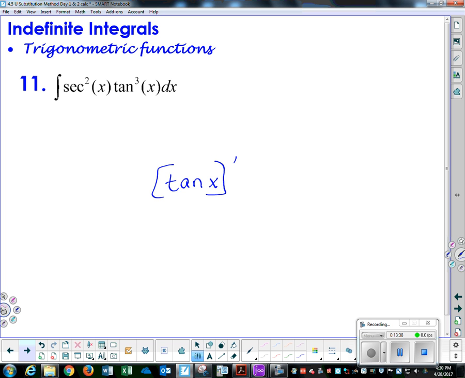What is its derivative? Versus secant. What is secant of x derivative? Well, tangent, its derivative is secant squared x. And secant, its derivative is secant x times tangent of x. So which one do I want to use?